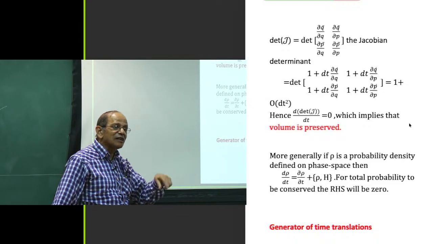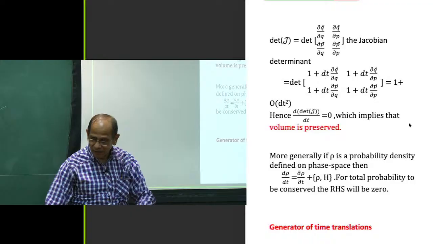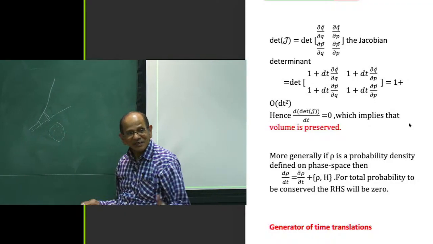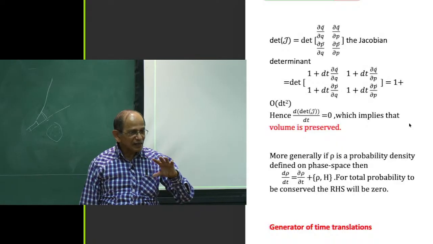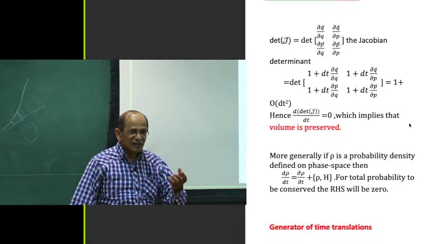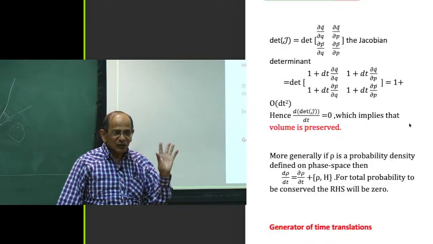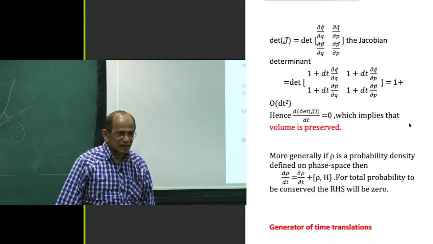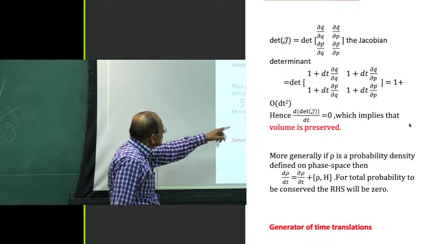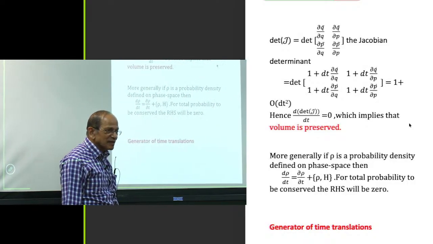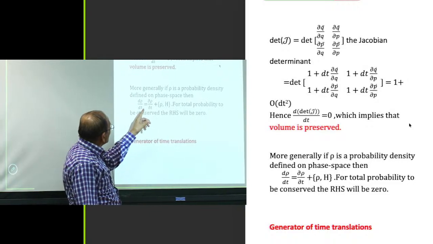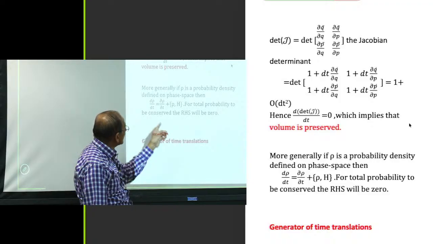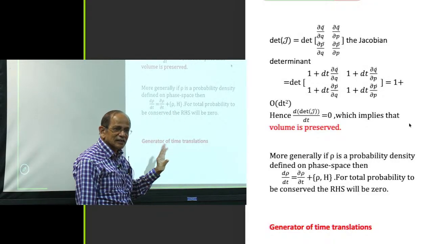You may wonder that if I have one system, why do I look at so many systems? This tells you their neighborhood properties. Okay. So that is why we look at so many systems. And in statistical mechanics, this is an essential thing. Suppose rho is a probability density, it is a function like any other function on the phase space. So write down Poisson's equation of motion, it looks like this.